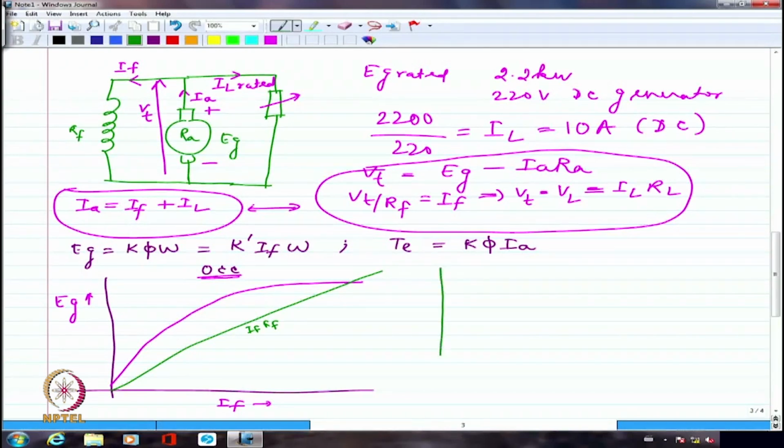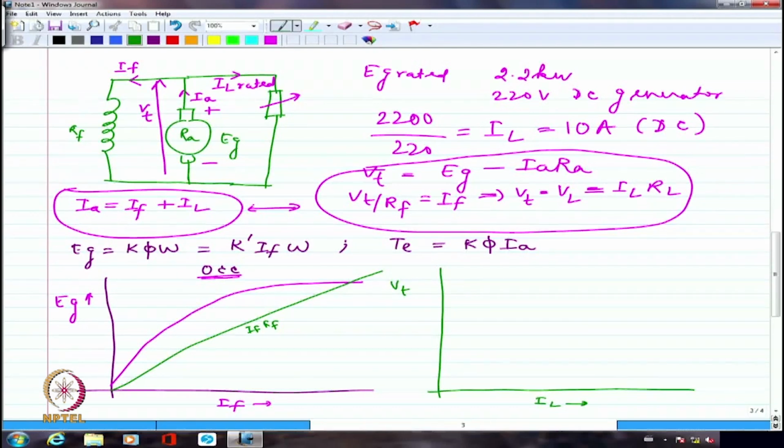So let me take another X and Y axis where I'm going to draw the external characteristics. When I draw the external characteristics, I'm looking at the terminals, so I am more concerned about the load. I have to look at how much is the load current, and at how much is the voltage that is available, which is Vt or VL.